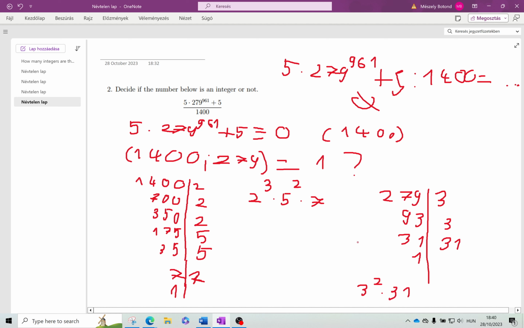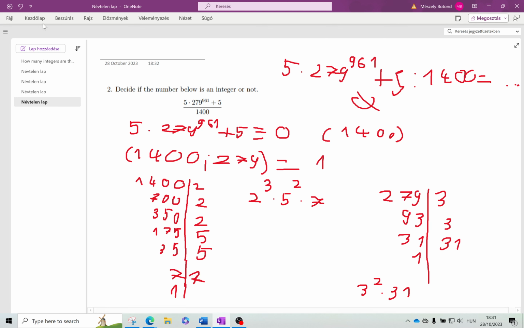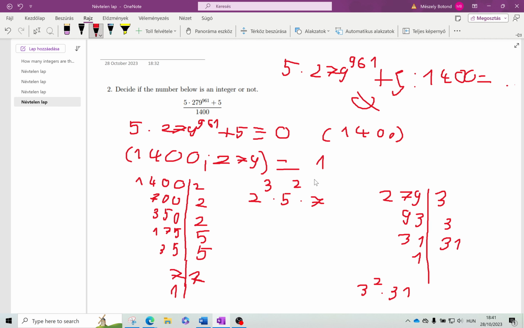You can see that there is no common number, so basically that means that 1 is the greatest common divisor. Sorry, largest common divisor. So that means we can use Euler-Fermat.